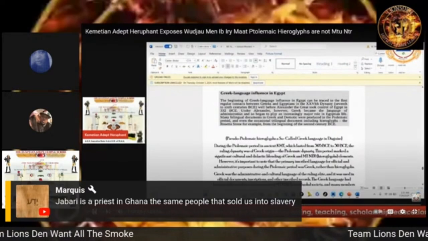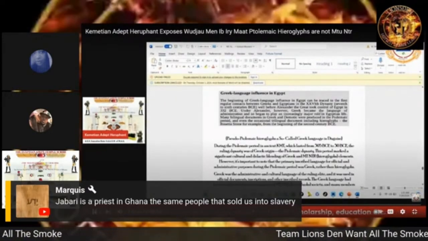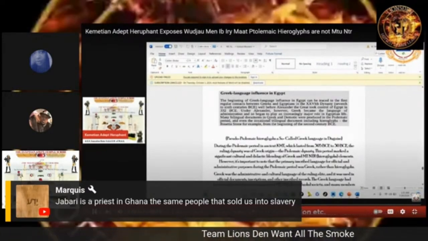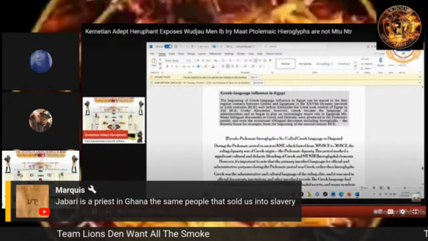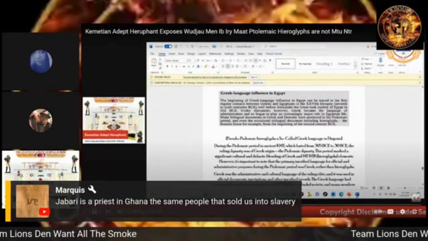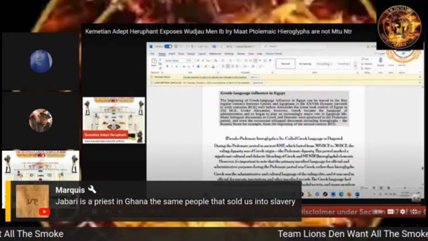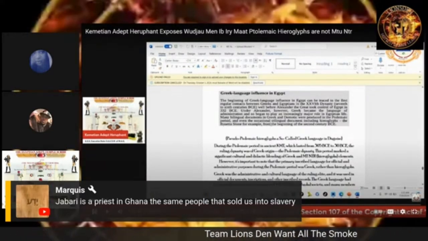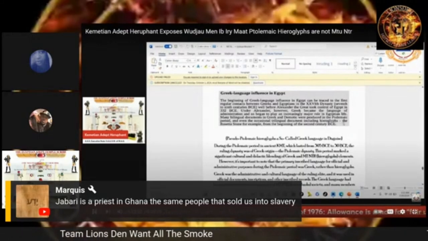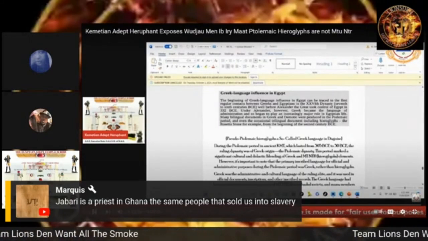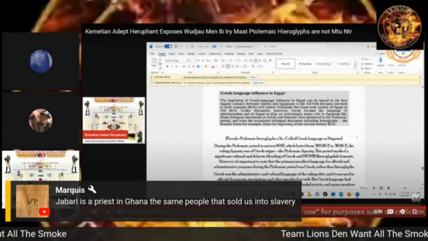Under Alexander, however, Greek became the language of the administration and so began to play an increasingly major role in Egyptian life. Many bilingual documents in Greek and Demotic were produced in the Ptolemaic period, and even the occasional trilingual document, including hieroglyphs. That's the Rosetta Stone, for example, from the beginning of the 2nd century BC.